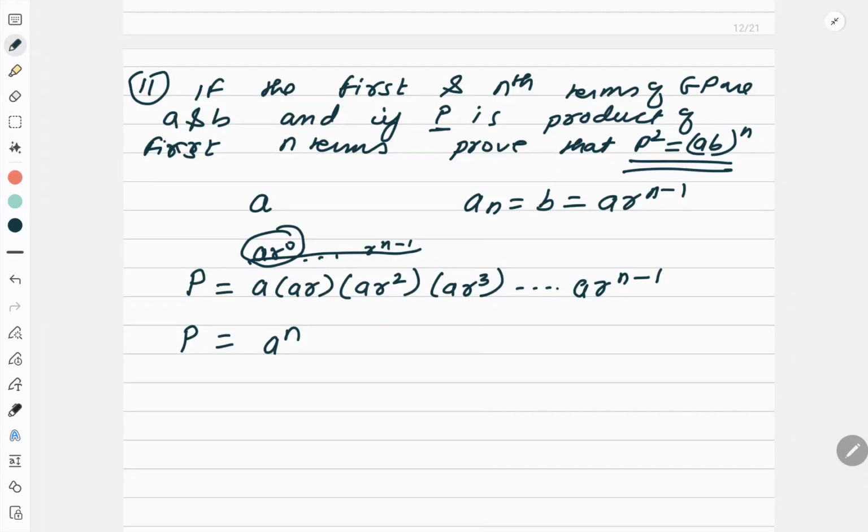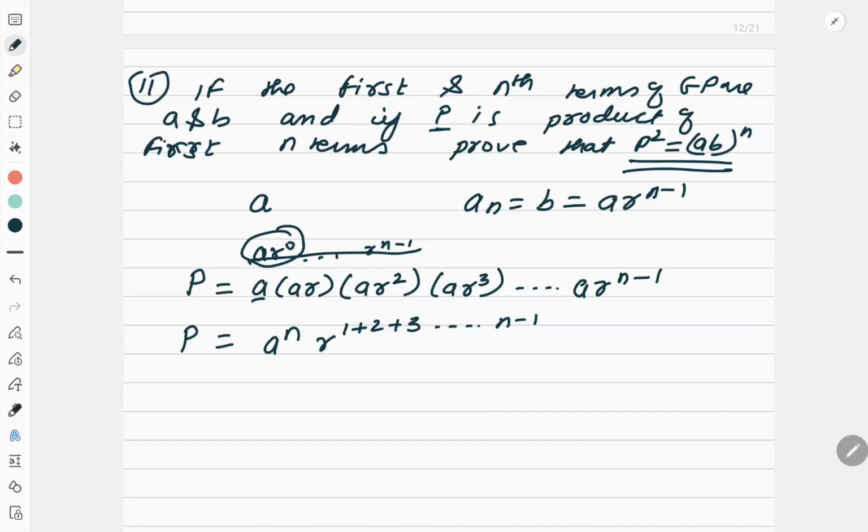So don't get confused in this and don't write A to the power n minus 1. R is 1 less, so it is n minus 1, but A is starting from here only. Then r to the power 1 plus 2 plus 3 up to n minus 1.